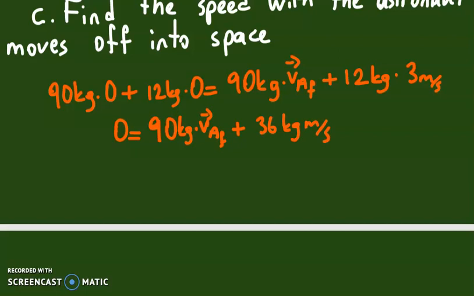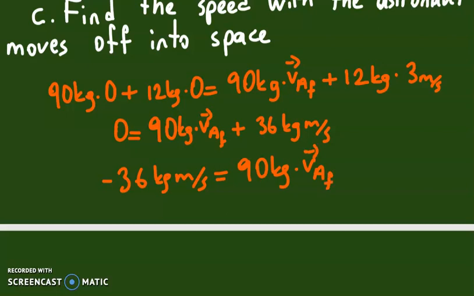If you add negative 36 to both sides, then you will end up with negative 36 kilogram meter per second equals 90 kilogram times velocity of the astronaut final.